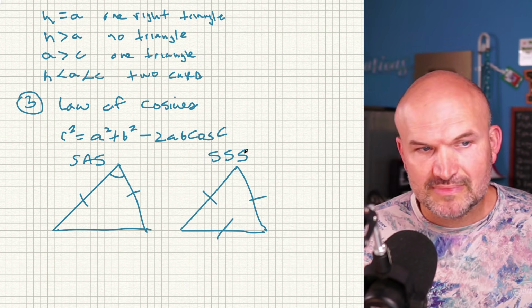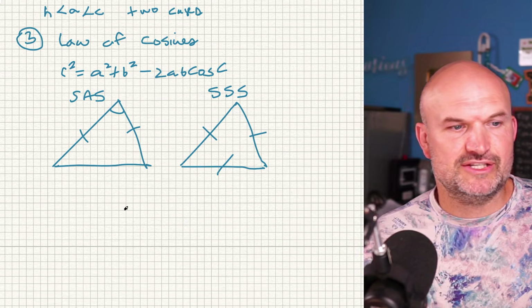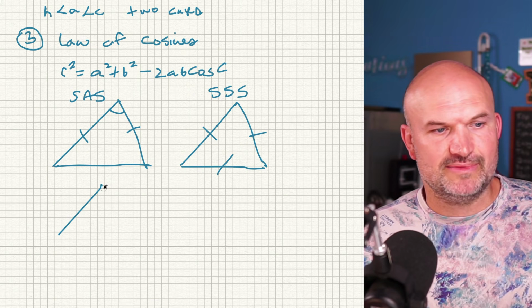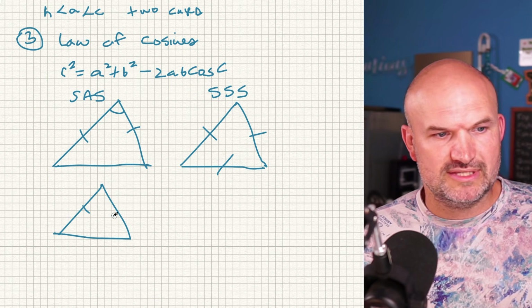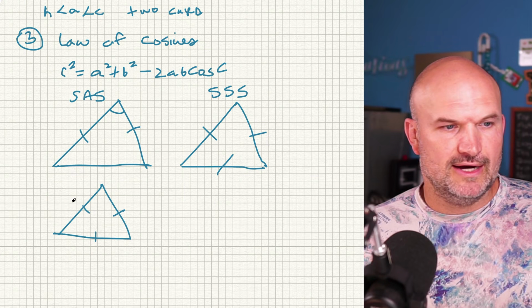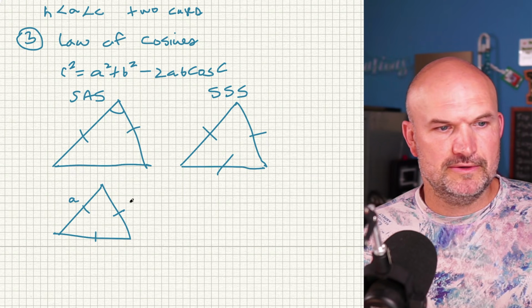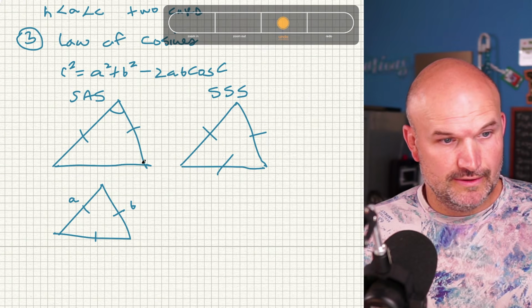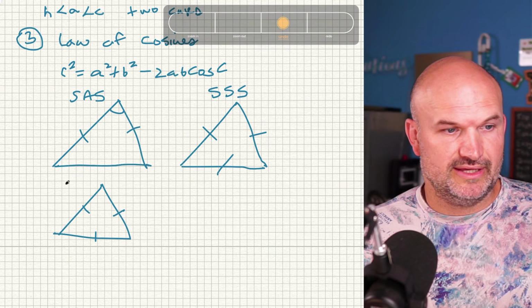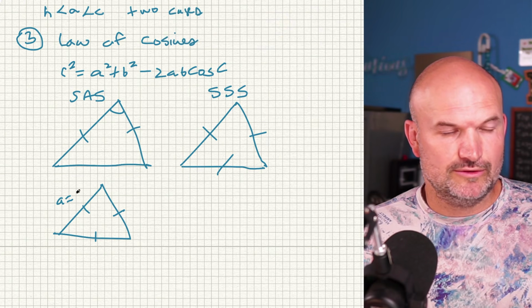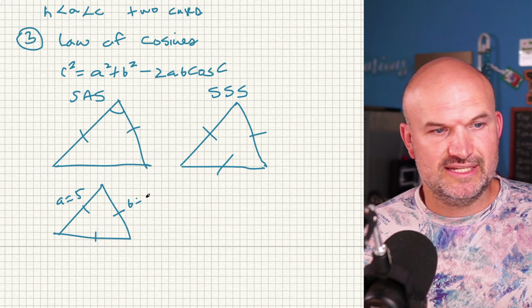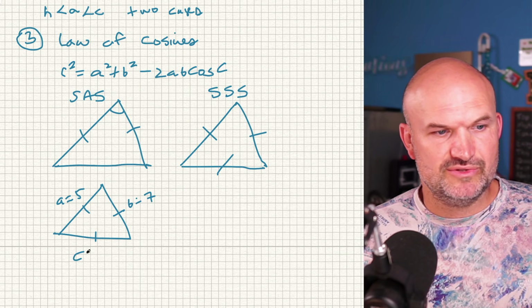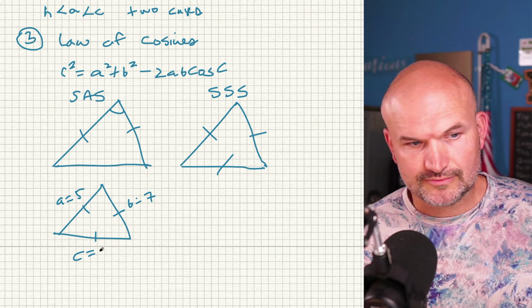All right. Now, here's the thing though. Let me give an example. Let's say I had side, side, side, and let's say A is equal to 5, B is equal to 7, and C is equal to 2.